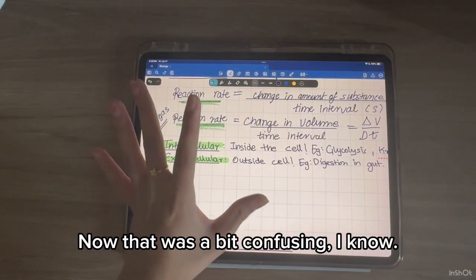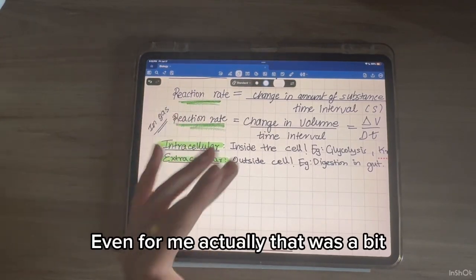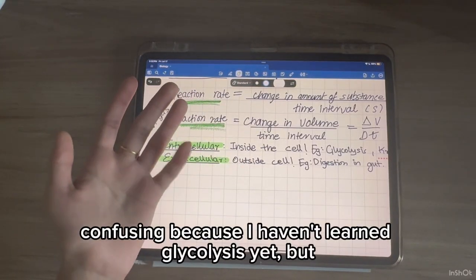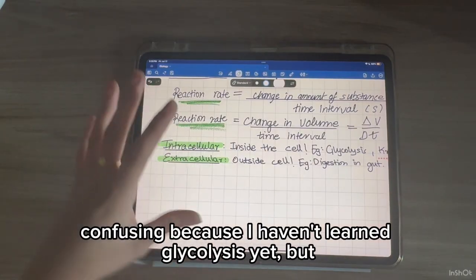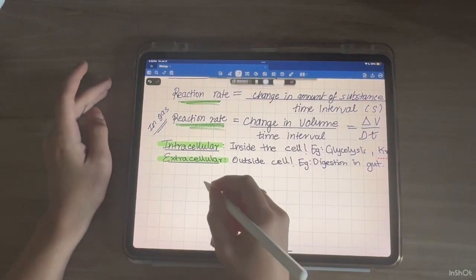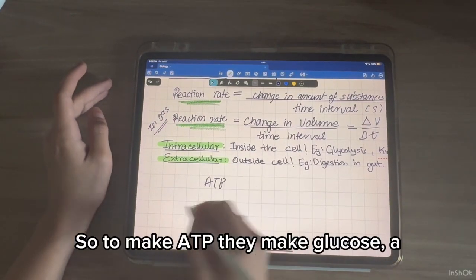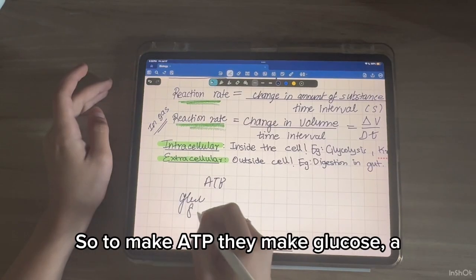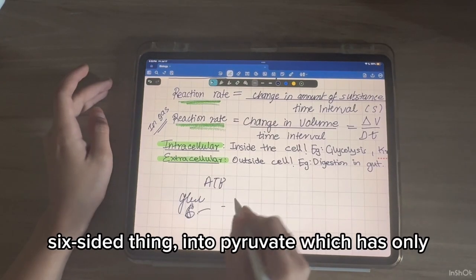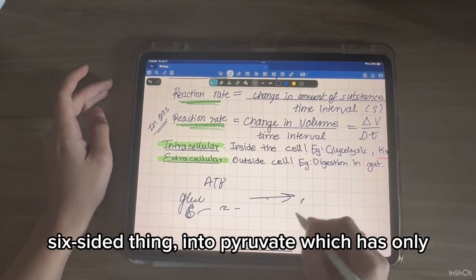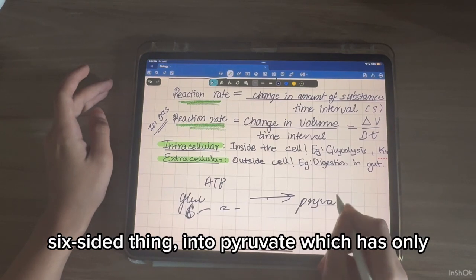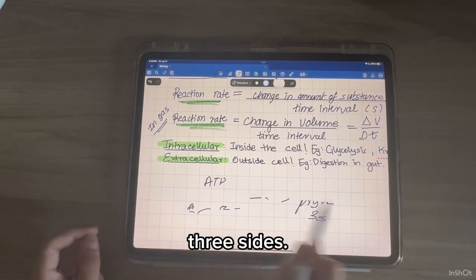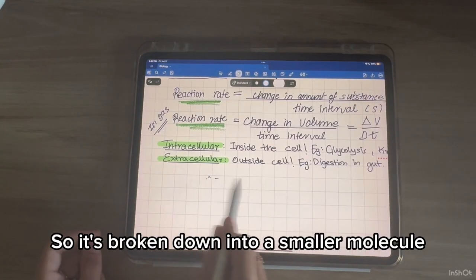Even for me, actually, that was a bit confusing because I haven't learned glycolysis yet, but it makes sense, you know? So to make ATP, they turn glucose, a six-sided thing, into pyruvate, which has only 3 sides. So it's broken down into a smaller molecule in order to make ATP.